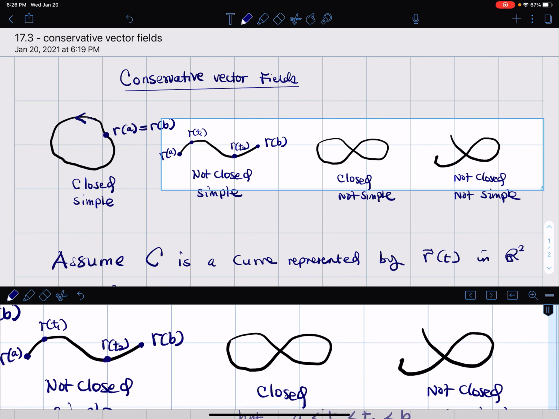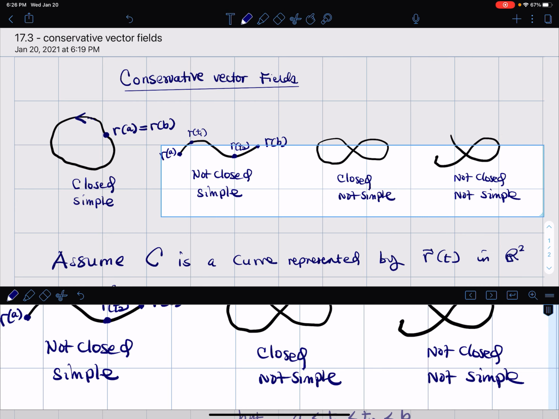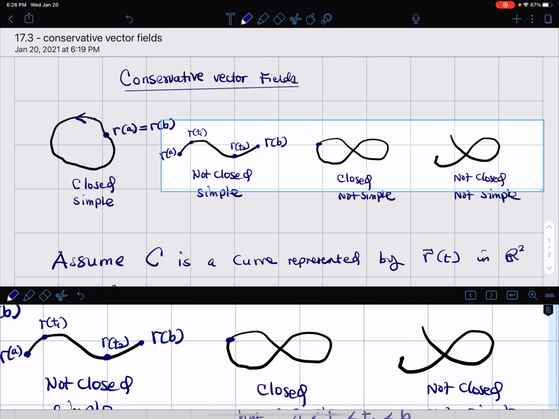However, in this case, this curve is closed because if we have a positive orientation like this, and this is r(a), where it starts, and this is where it ends, this is r(b) also.